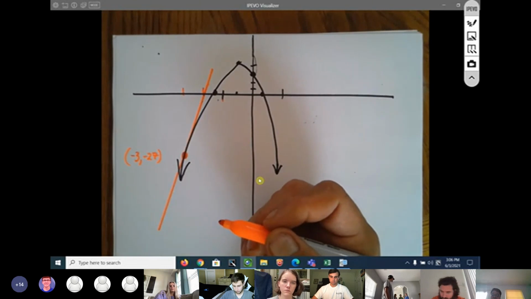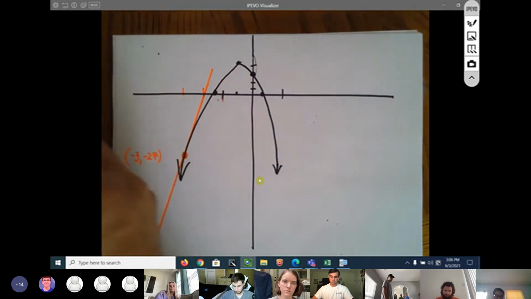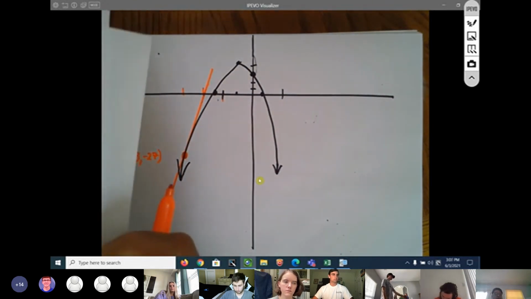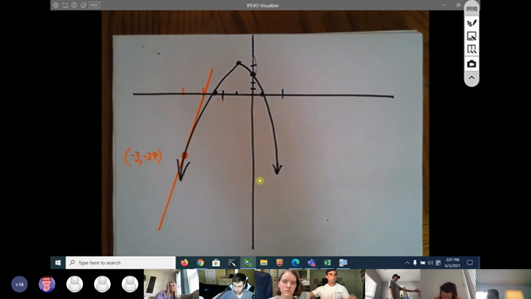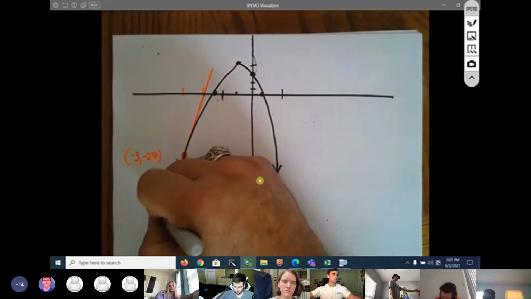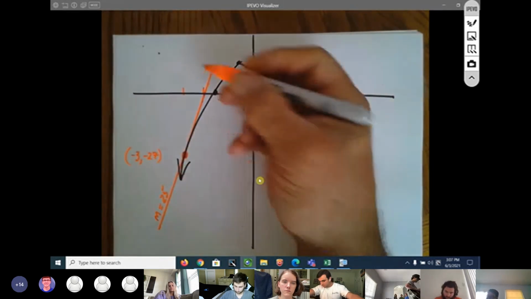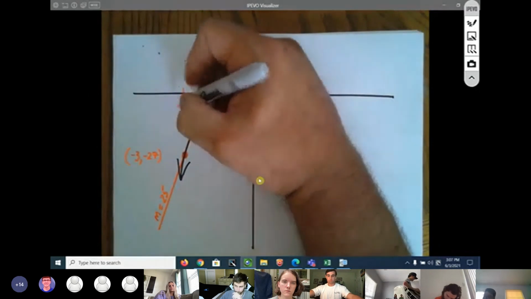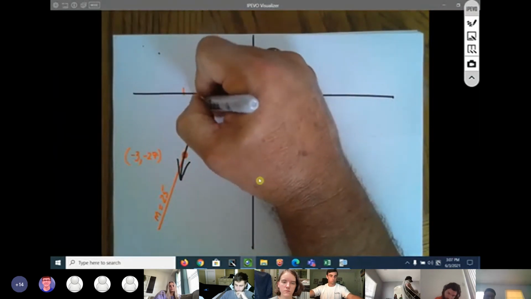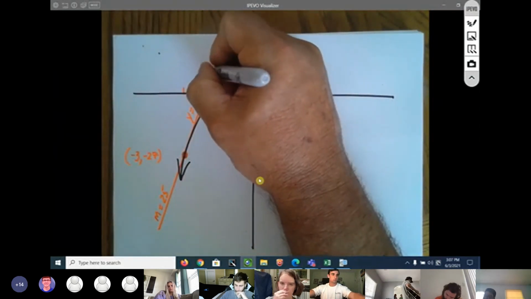Well, it's going to be positive slope. Let's look and see if we got a positive slope. Our slope is 25, and guess what? It's positive. M is equal to 25, and the equation for this line is y is equal to 25x plus 48.